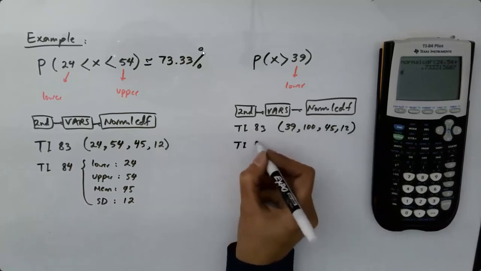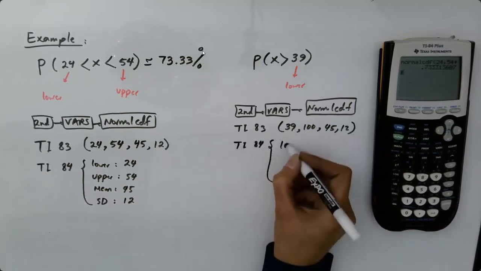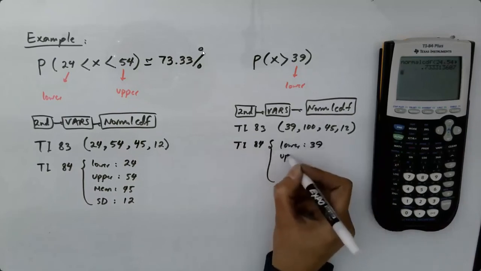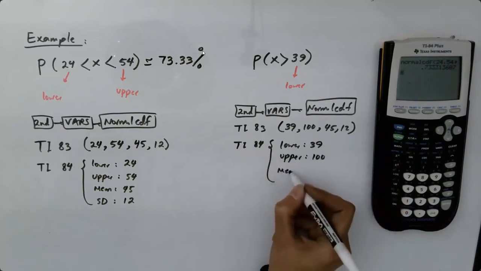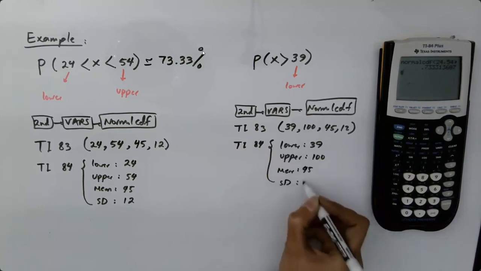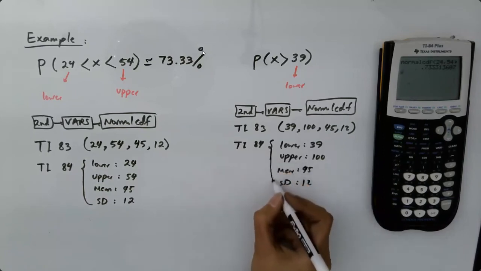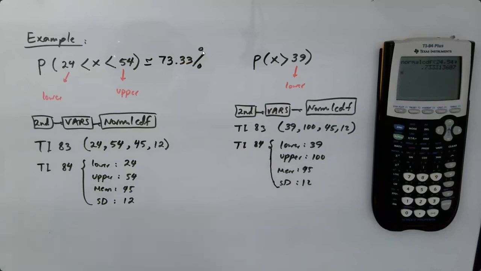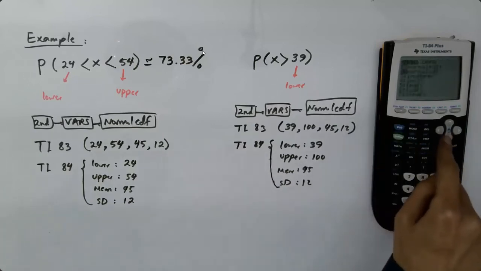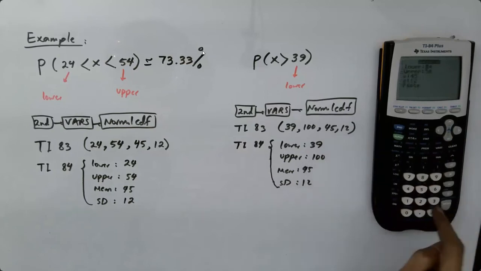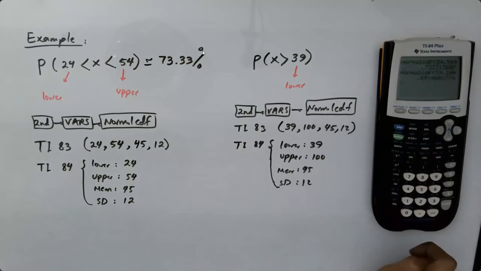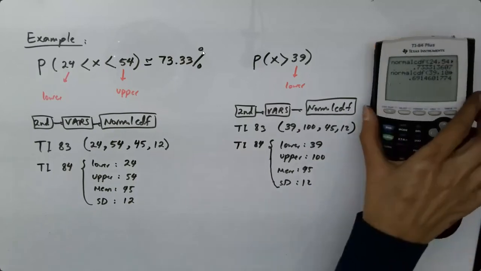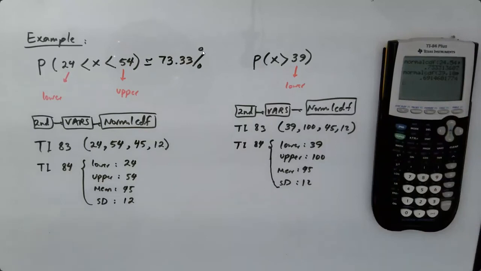If you're using TI-84 or an emulator, the lower limit is 39, the upper limit is a large positive number like 100 or 1,000, mean is 45 minutes with standard deviation 12 minutes. Very good. So let's do the calculation. Second VARS, normal CDF, 39, 100, mean is 45, standard deviation is 12, and paste. It's 69.15%.